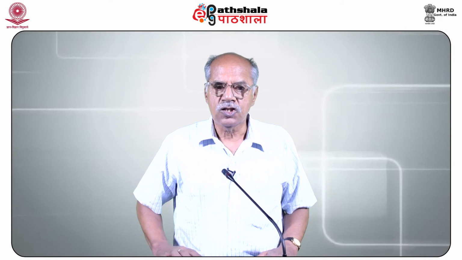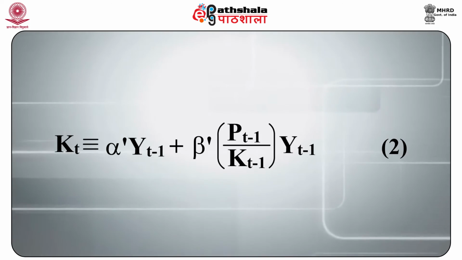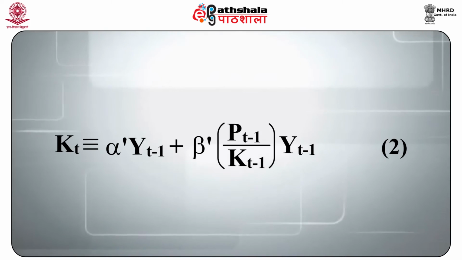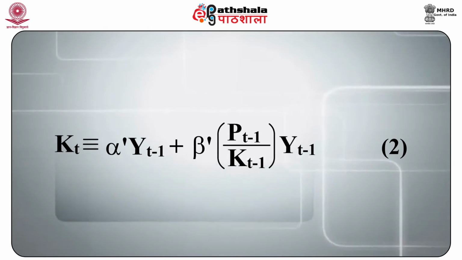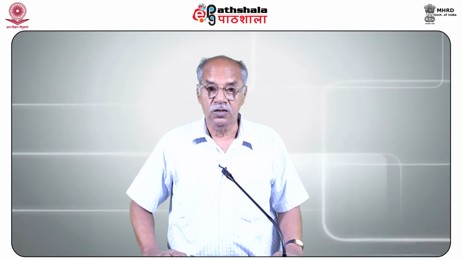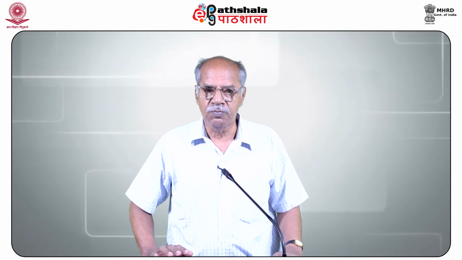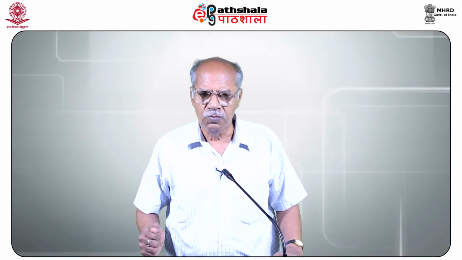The second equation is the investment function, where Kt is equal to alpha dash Yt minus 1 plus beta dash within bracket Pt minus 1 divided by Kt minus 1, multiplied by Kt minus 1. Kt stands for the capital stock during period t.